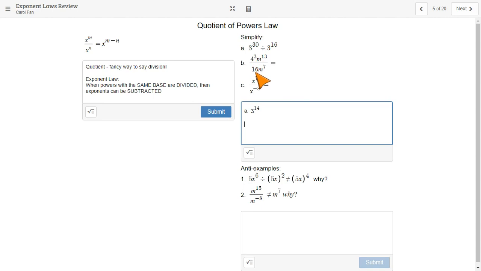If I look at 4 to the power of 3 and 16, you should ask yourself, is there any way that we can make 16 a number with a base 4? Now we know that 4 to the power of 2 is equal to 16. Now, if we rewrite that, then we would have all the numbers with base 4.